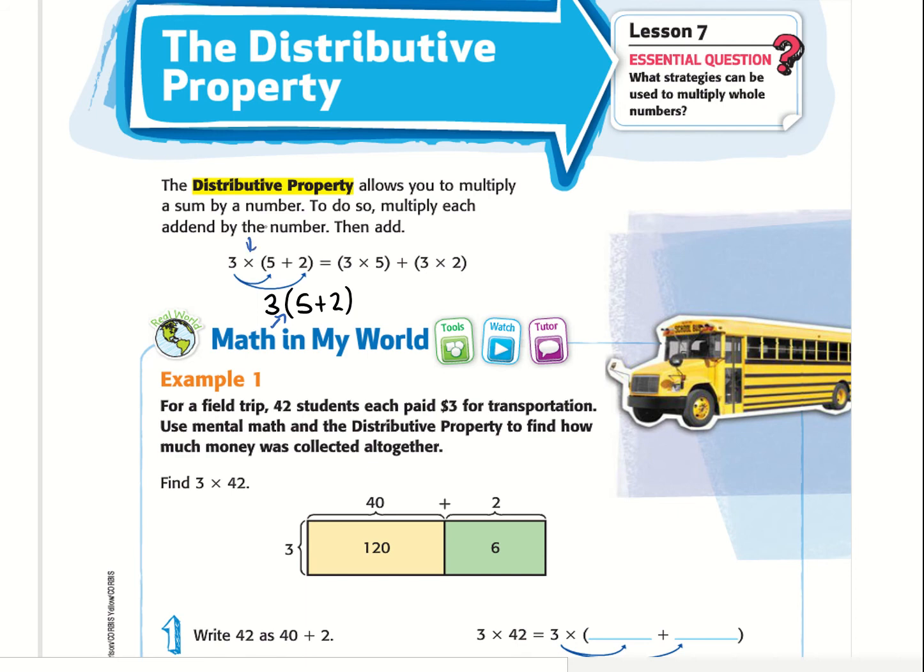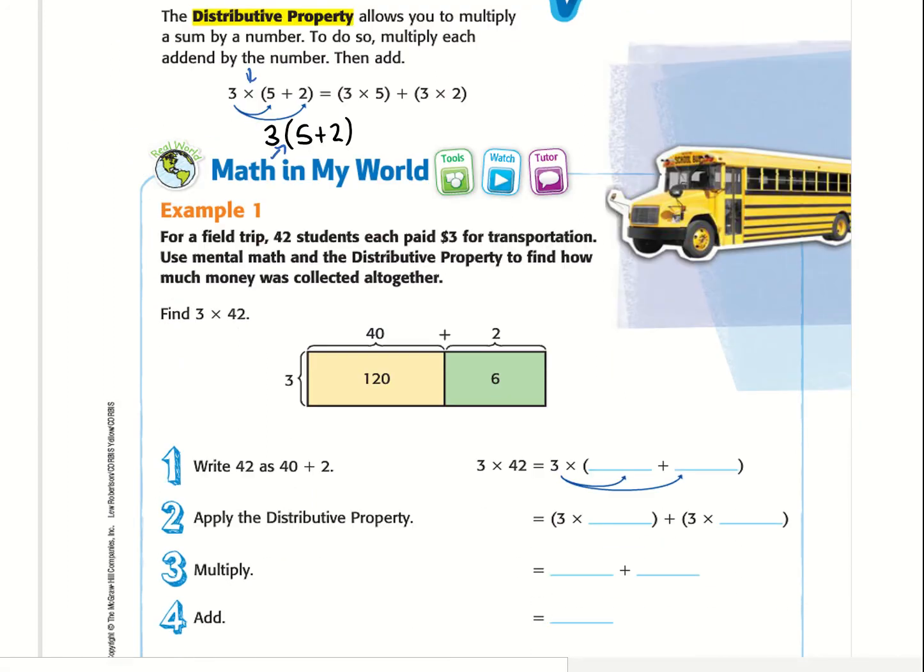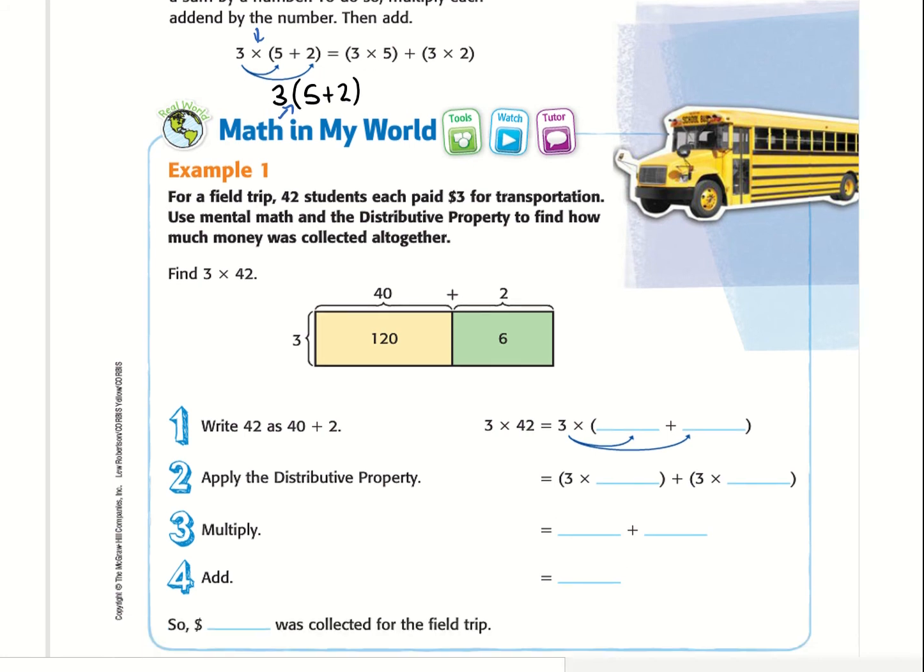So this multiplication symbol is not needed, but you can also put it there to help you remember. But anyways, the way this works is we're going to distribute the 3 amongst the 5 and the 2. So it's going to be 3 times 5 plus 3 times 2.